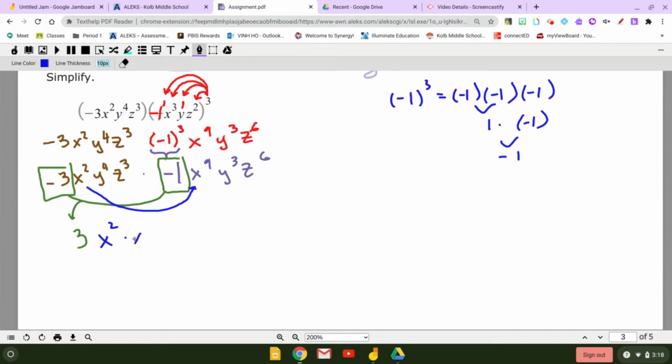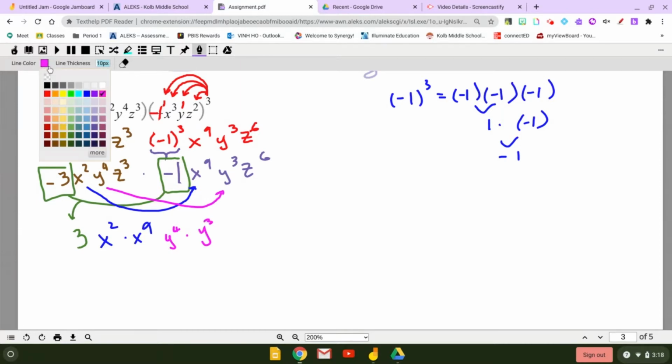We can write them together first, and then we're going to add the powers after. And y to the 4th times y to the 3rd power. And z to the 3rd times z to the 6th power.